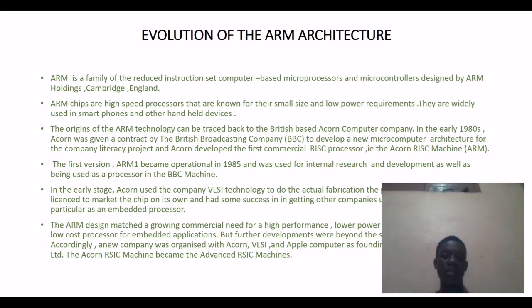The origins of the ARM architecture technology can be traced back to the British-based Acorn computer company in the early 1980s. Acorn was given a contract by the British Broadcasting Corporation, the BBC, to develop a new microcomputer architecture for the company's literacy project.